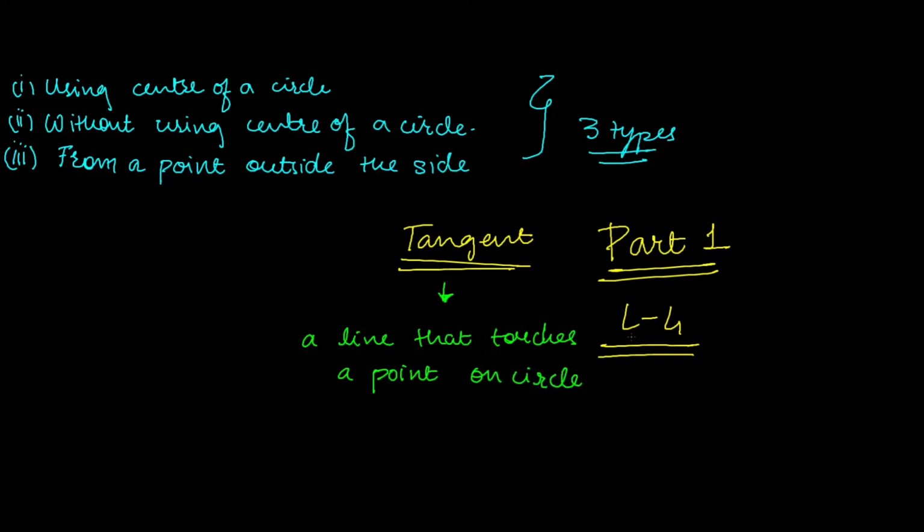Let us see how a tangent actually looks. See here, if we have a circle and we construct a line like this, this will be its tangent. How? See, this line touches the circle over here. Only one point of it touches the circle, therefore this will be your tangent. So this will be a circle with center O and this will be tangent AB.